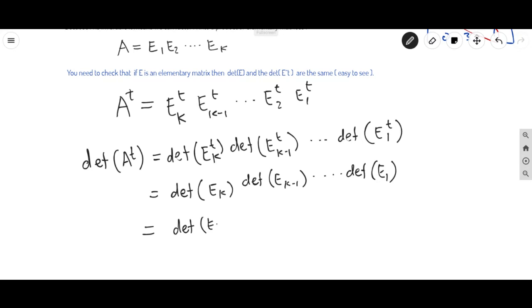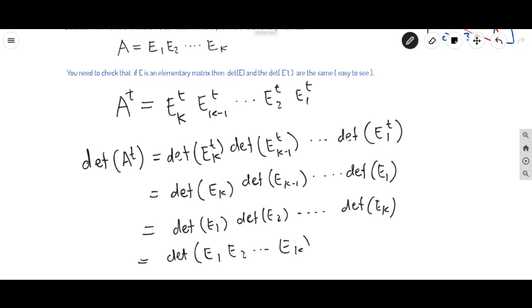So this is the determinant of E1, the determinant of E2, all the way up to the determinant of EK. By the multiplicative property of the determinant, that is again the determinant of E1 E2 up to EK, which we said is the original matrix A.